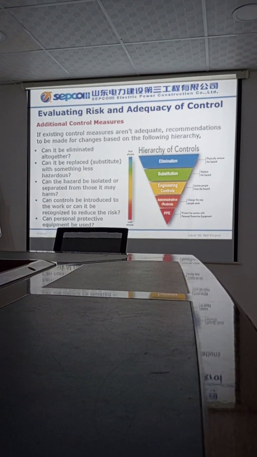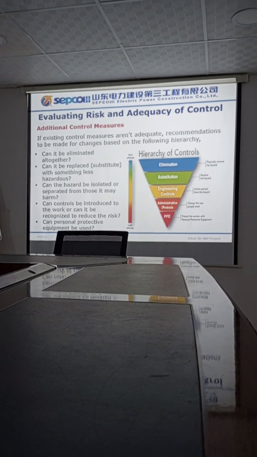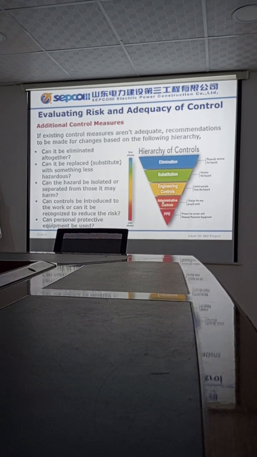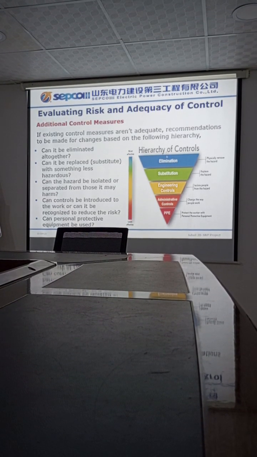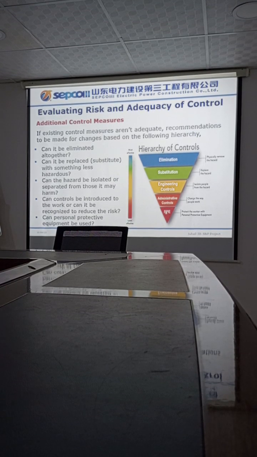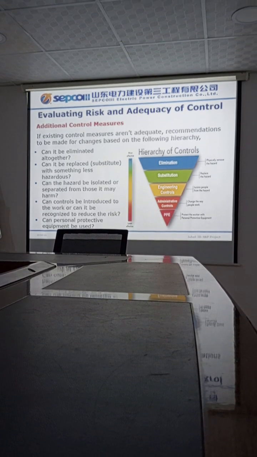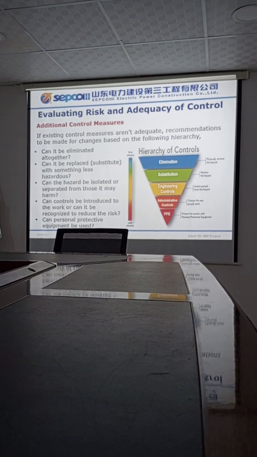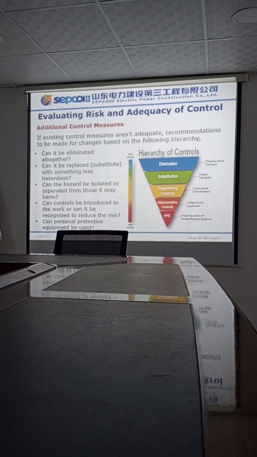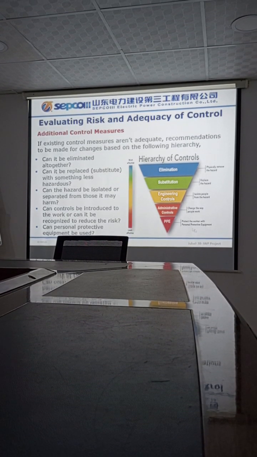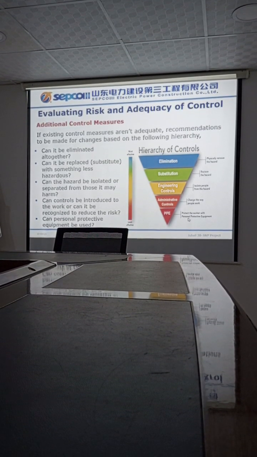So, up to here, finished. But if on the site we still cannot control up to this point, the last one is PPE. We need to wear the helmet and all the basic equipment. This is the last chance. Okay? Protect the worker with personal protection.